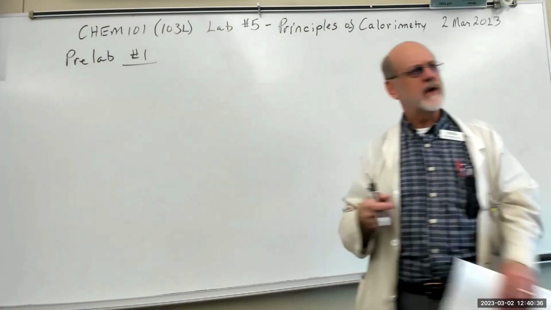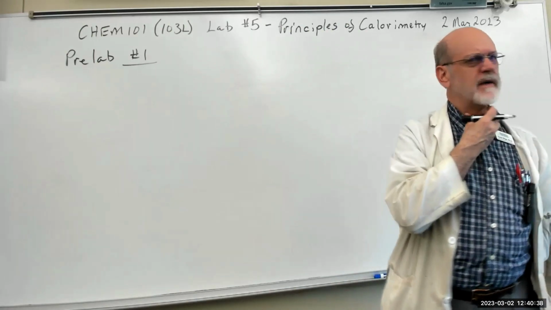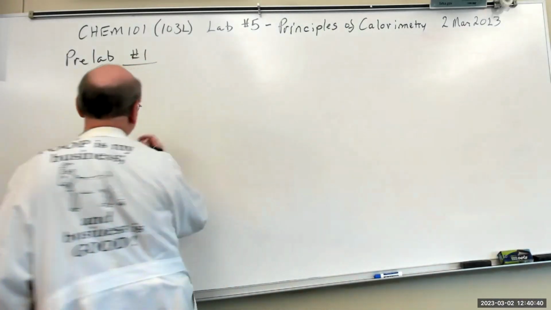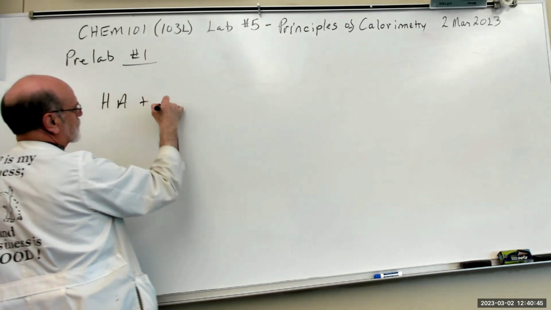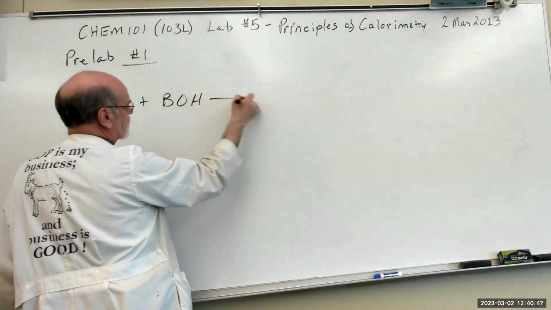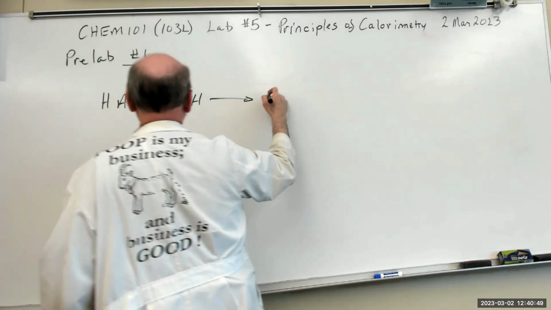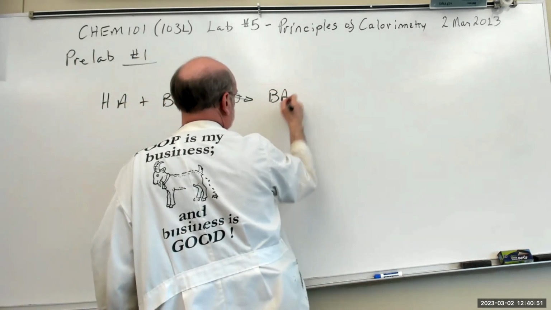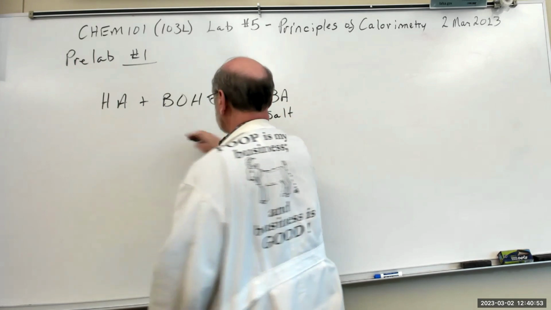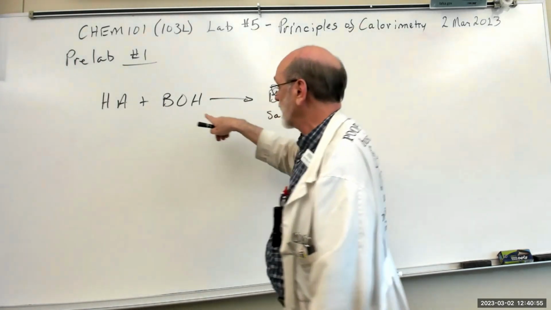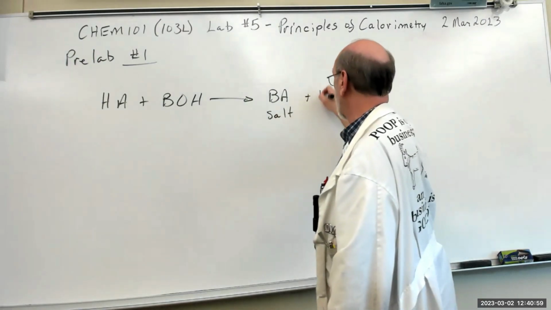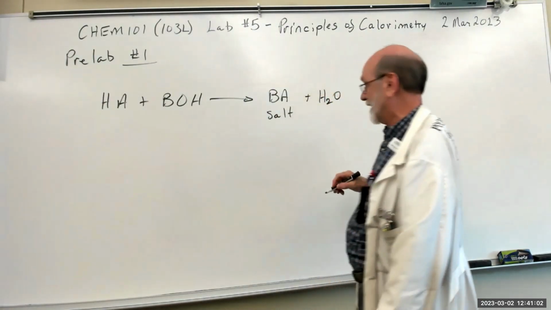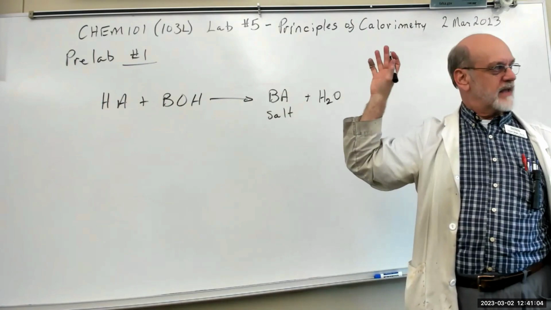Remember, we haven't talked about acid bases yet, have we? All acid base reactions are some type of acid plus a base yields a salt, this cation with that anion, and then the hydroxyl and the hydrogen get together and make water. That's a typical acid-base reaction.